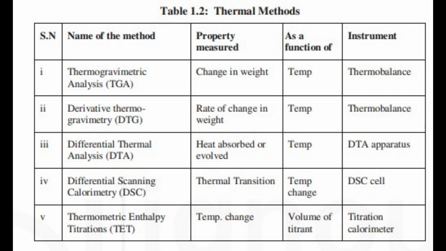DSC can measure directly both the temperature and enthalpy of a transition. 5. Thermometric enthalpy titrations, TET. The thermochemical methods where a titration process is followed by the measurement of enthalpy change during the course of a reaction carried out under controlled conditions, usually in a small Dewar flask, are known as thermometric enthalpy titrations.